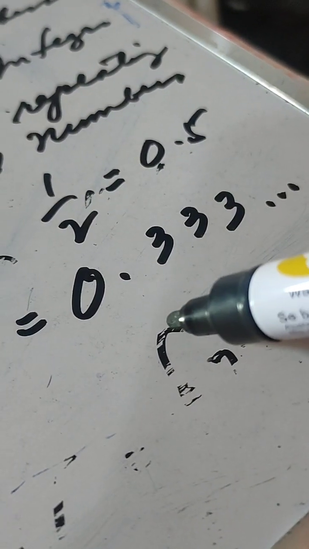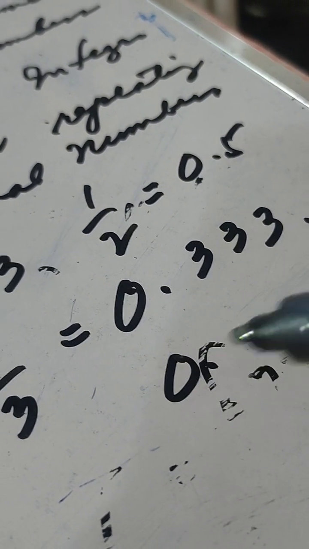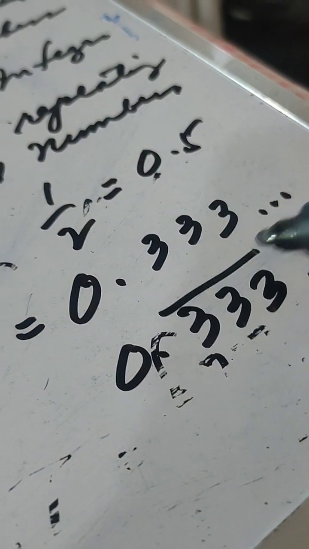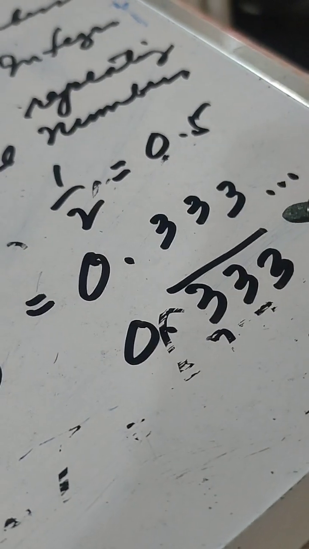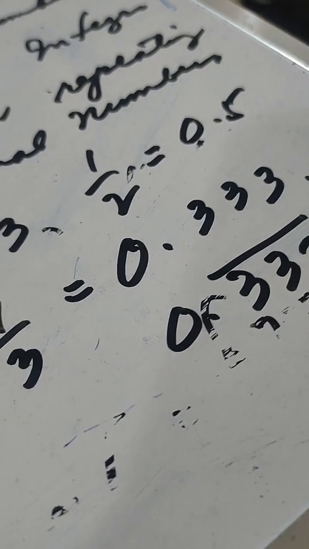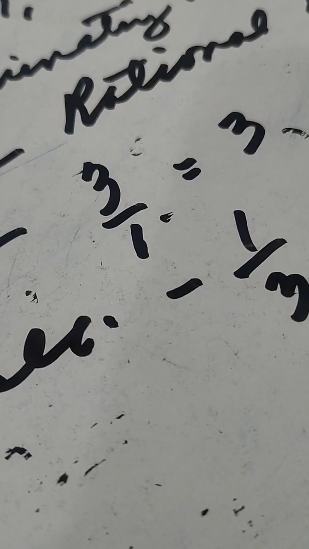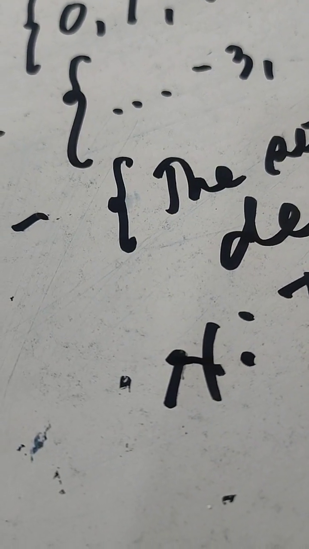So that is why we use the symbol of a bar written on top, which means the digit 3 is repeatedly done in the expression of the given fraction 1/3. So that is why they are called rational numbers.